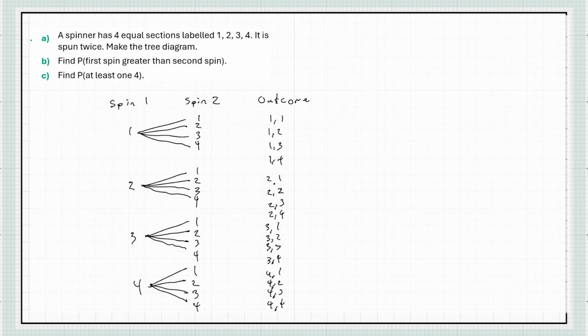Alright, so there are all our outcomes done. We can see that we have 16 total outcomes, 4 groups of 4. So total outcomes is 16 total.